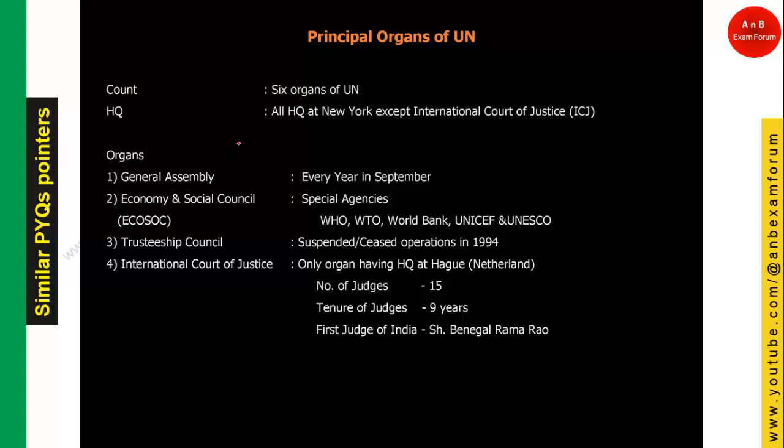Organ means they are going to do certain work. The very important point is that these organs are located in New York except the International Court of Justice, ICJ. So where is this located? This is located in Hague, Netherlands.